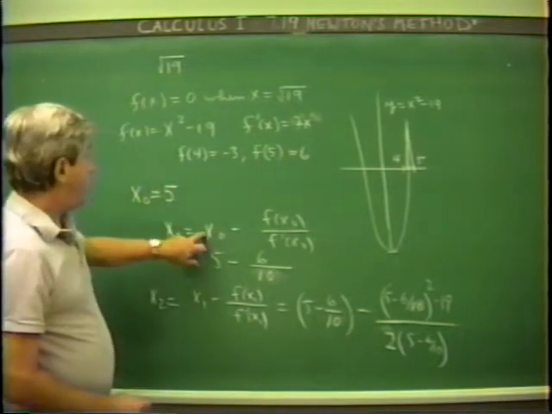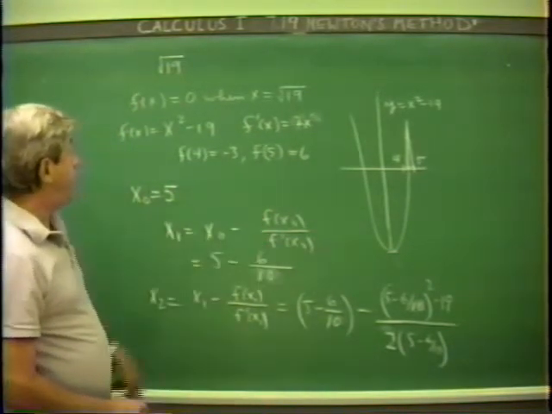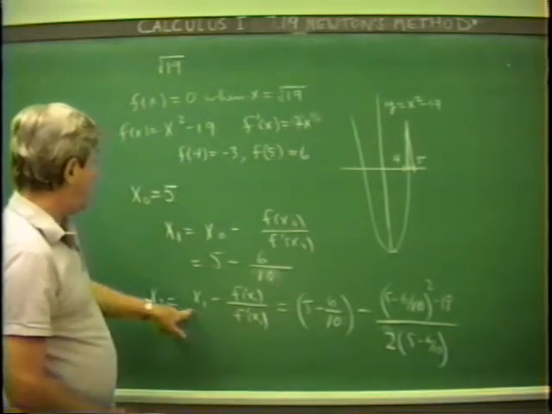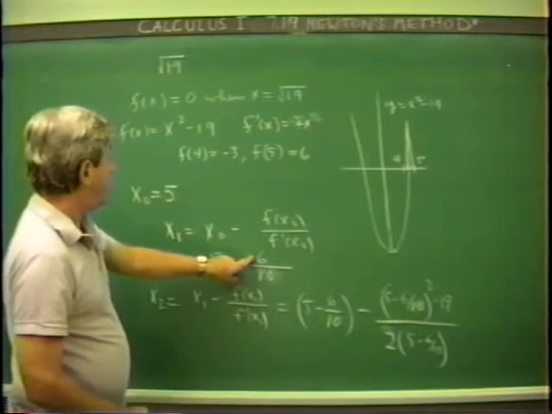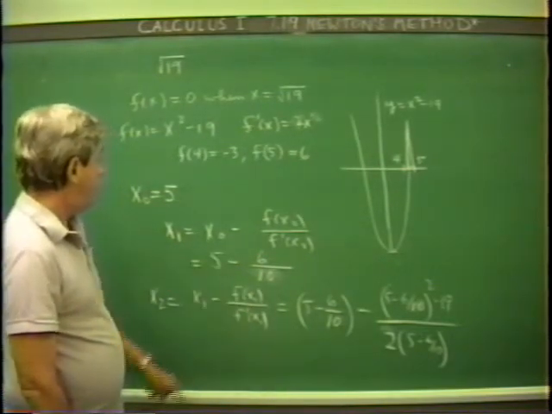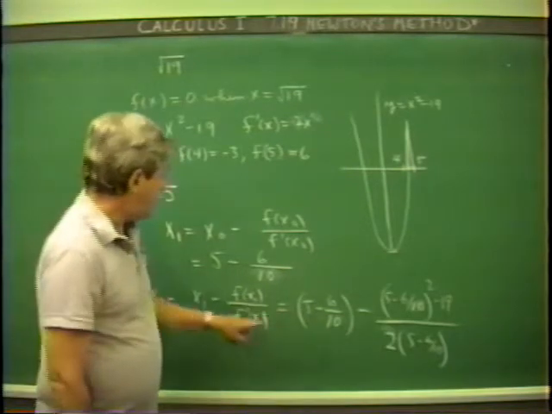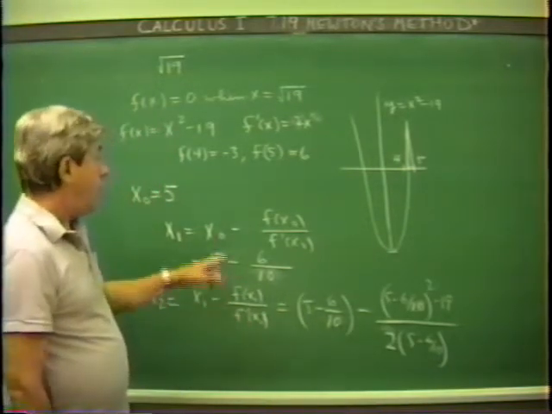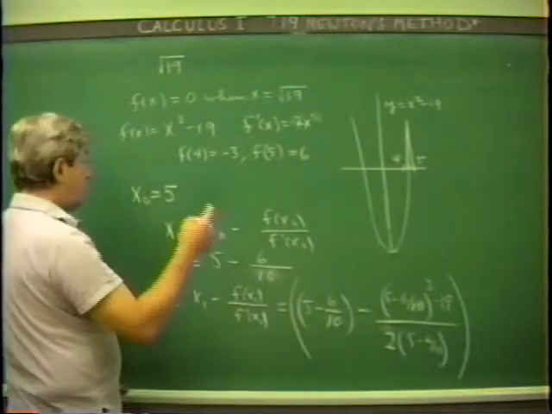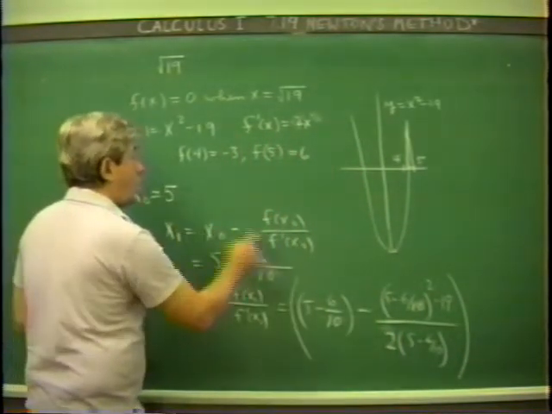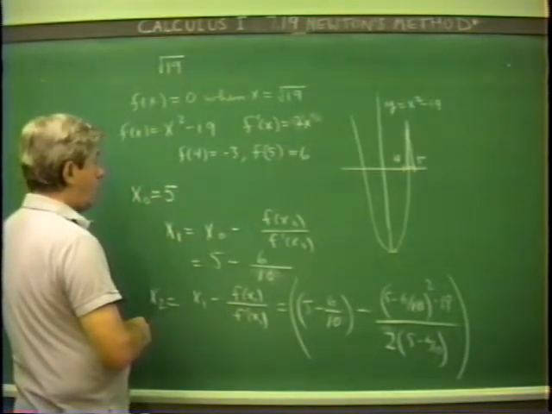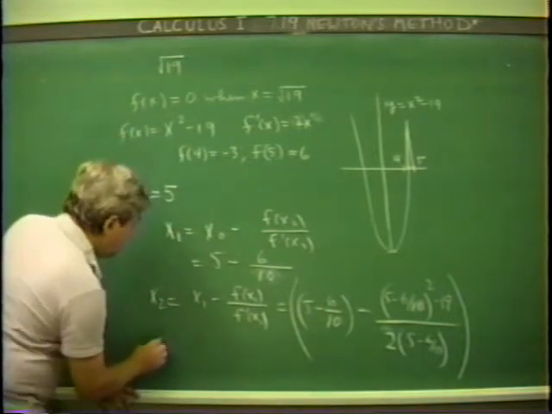So x1 is x0 minus f of x0 over f prime of x0. f of x is x squared minus 19, and f prime of x is 2x. So this is 5 minus, the value of the function at 5 is 6, over 10. And then x2 is gotten like so. To get x3, you take this quantity right here and put it back into this formula.